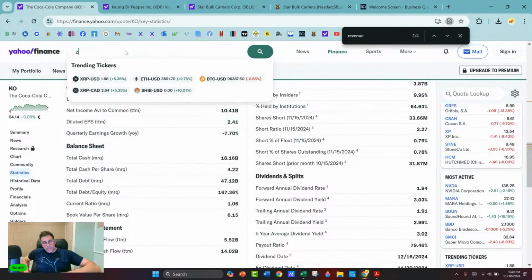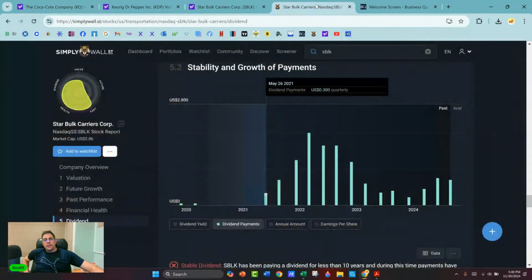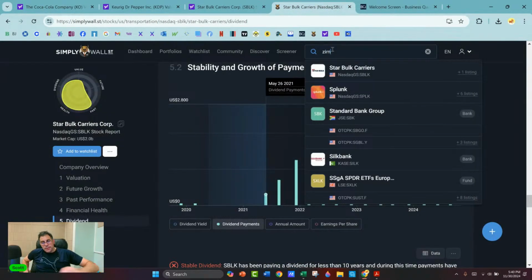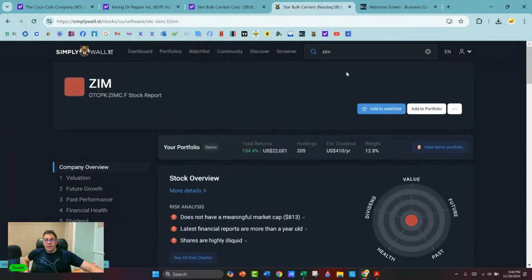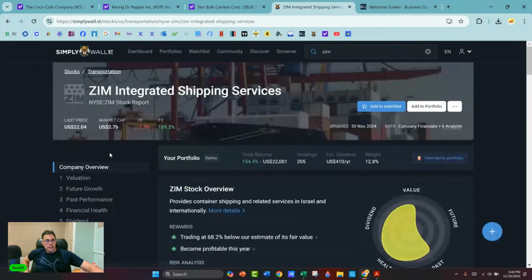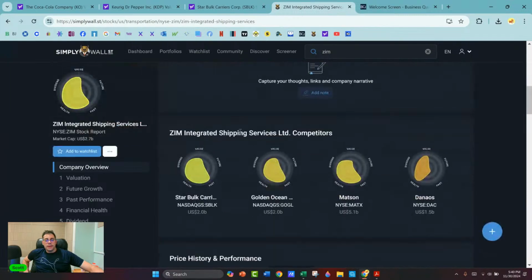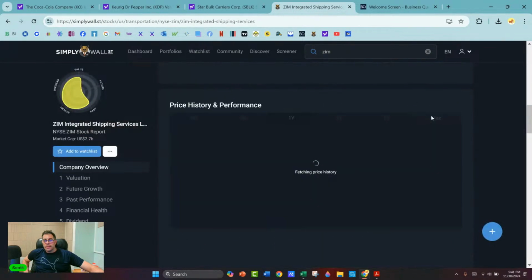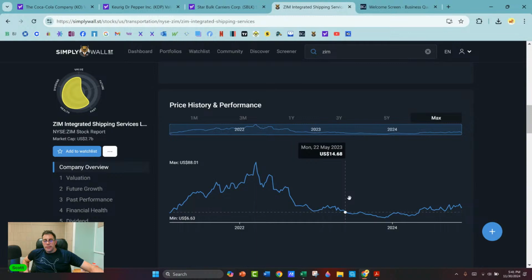I mean, Zim's probably up like 200% this year, 250%. Yeah, they're up 189% for the year. I mean, they were trading almost $90, and they came down to like $7.